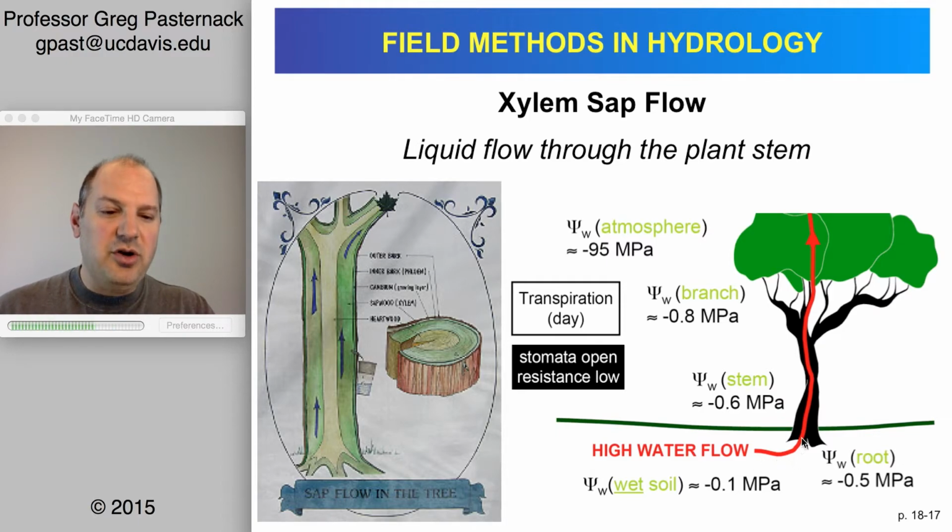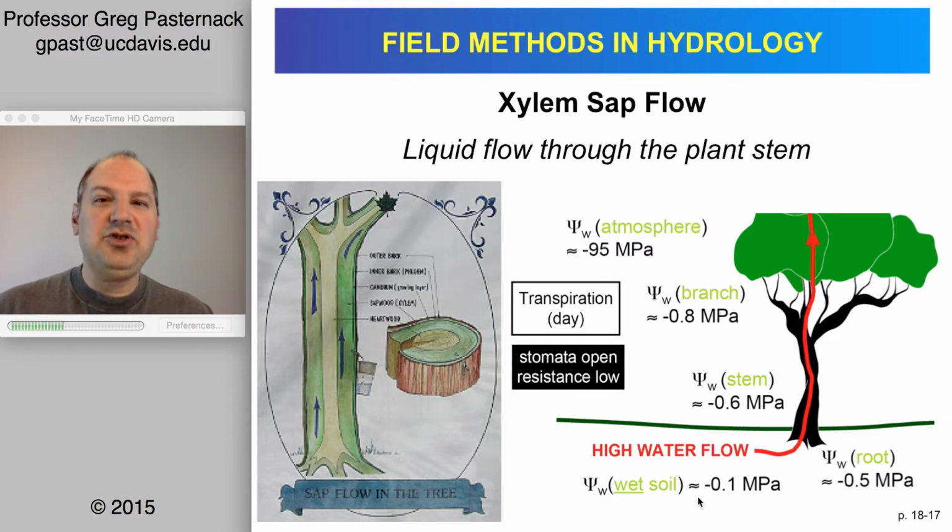Now, as the water goes into the tree, the tree is also holding on to it, but the pressure is going down. You can see it's becoming more negative. And meanwhile, the atmosphere is sitting here at negative 95 megapascals. So dramatically lower pressure, the partial pressure of the water vapor compared to what's in the soil.